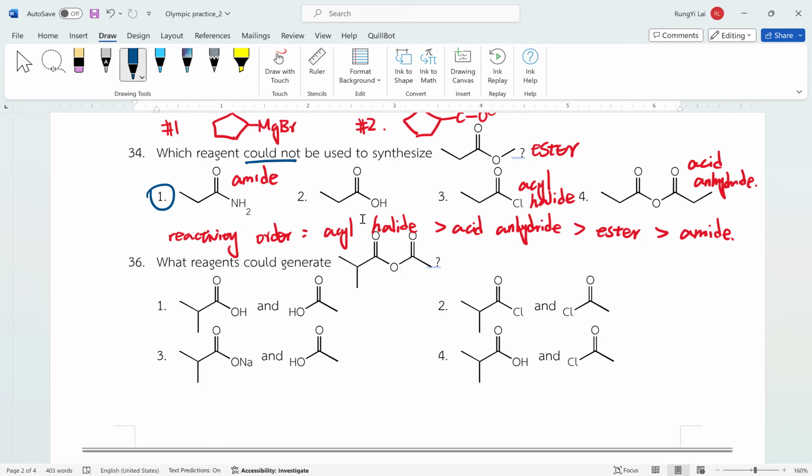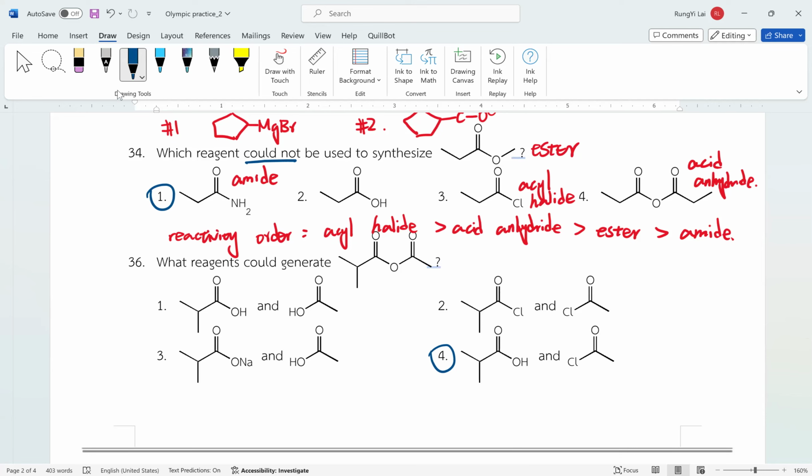Okay, so let's see which one will work. So the best answer would be this one. You should start with this acyl halide, and then you react it with this carboxylic acid.